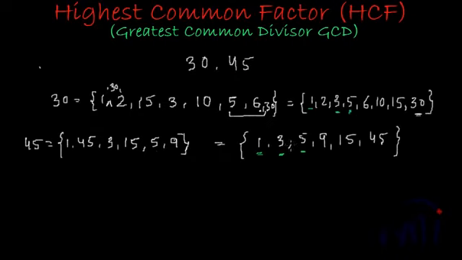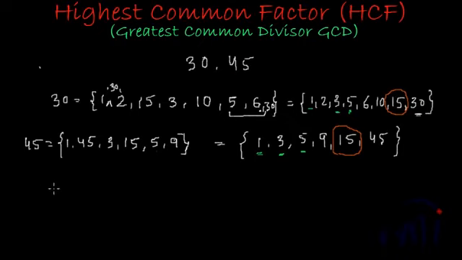But what are we talking about? We are talking about the highest common factor. So we are actually talking about this 15. 15 is here in the set of all the factors of 30, and 15 is here also in the set of all the possible factors of 45. So 15 is a common factor and it is the largest factor of both the numbers.